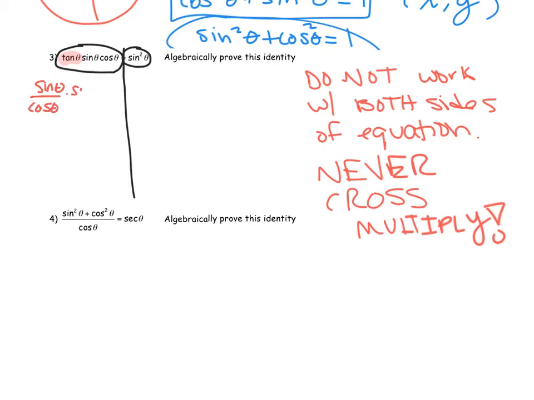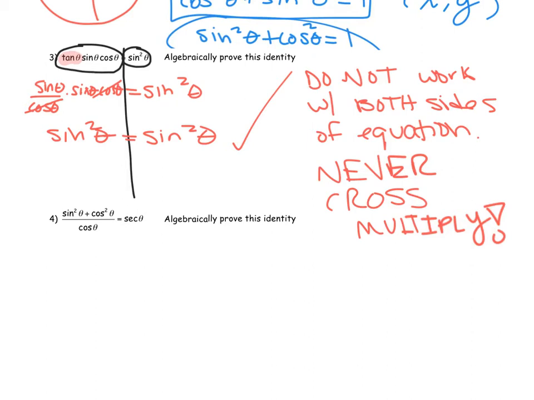I'll leave my sine theta as is, and we have cosine theta, and that's equal to sine squared theta. Here cosine and cosine cancel, and I'm left with sine squared theta is equal to sine squared theta. So we did it. We proved this trigonometric identity. Done. Just got to see how you can make your substitutions.